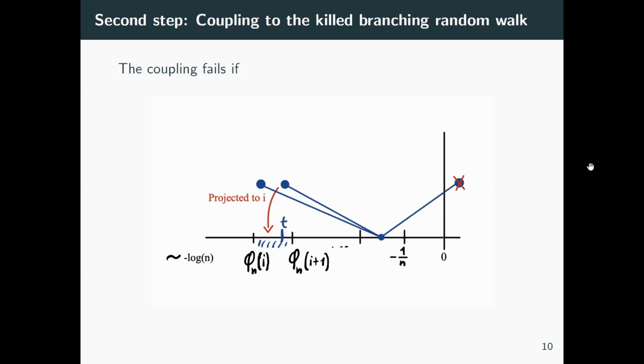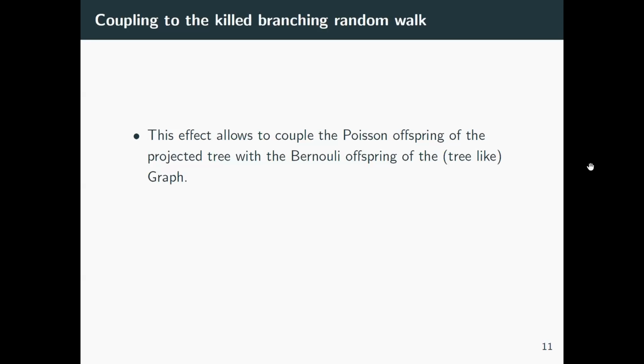But why does this actually work? If we send n to infinity first, this interval where a particle will be projected will shrink just by the definition of the map, which decreases the Poisson parameter. And if we send n to infinity, this projection interval will also shift to the left, which by our intensity also shrinks the Poisson parameter.